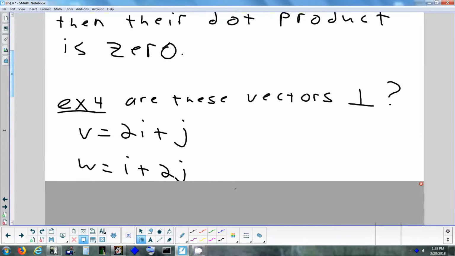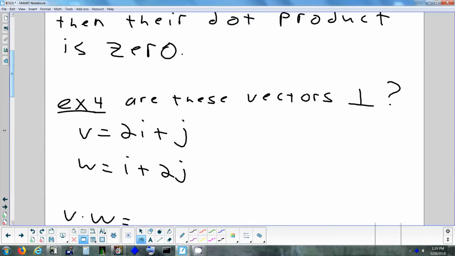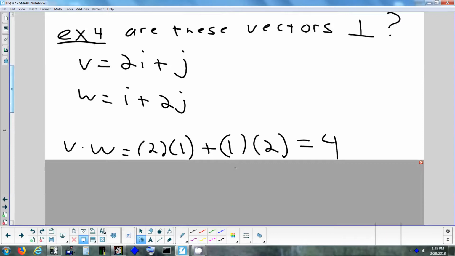The only thing you really need to know to figure out if they're perpendicular is if the dot product is 0. All you need is the dot product. And then you have to know, does it come out to 0? And that'll answer the question. Okay, so the dot product is 2 times 1 plus 1 times 2. So the dot product is 4.